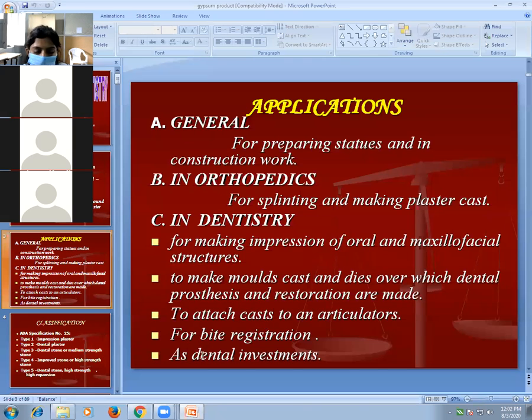For bite registration, we record the centric jaw relation, so that jaw relation is transferred to the articulator. For that again we can use dental plaster, and also for dental investments. So these are the applications of dental plaster.